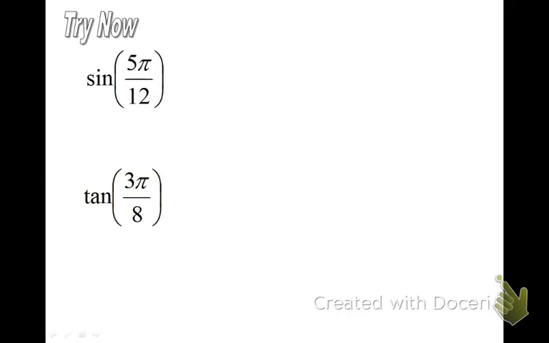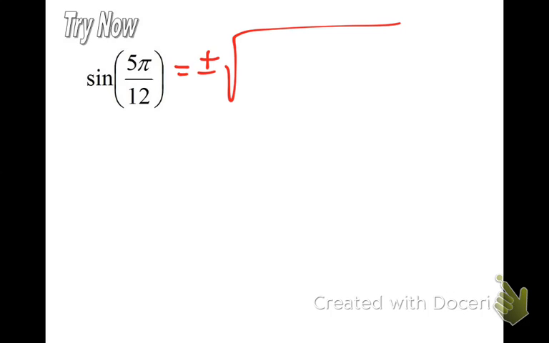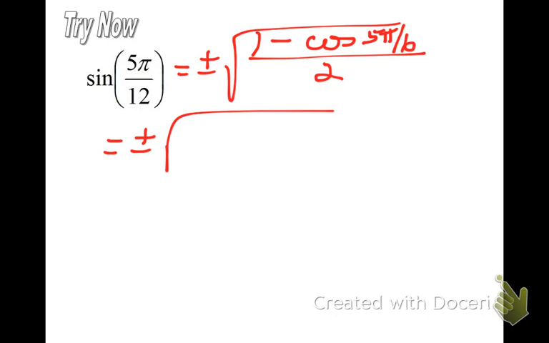Alright, let's take a look at each one of these real quick. For the sine of 5 pi over 12, you're thinking that is plus or minus the square root of 1 minus cosine, remember it's always cosine in the formula, of 5 pi over 6. Cosine of 5 pi over 6 is root 3 over 2. It's negative. So with the negative and the negative, this is actually going to become a plus sign now.